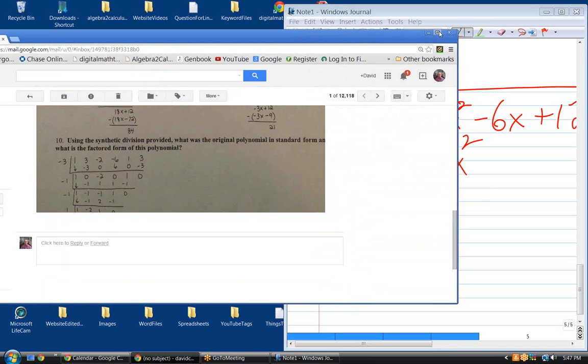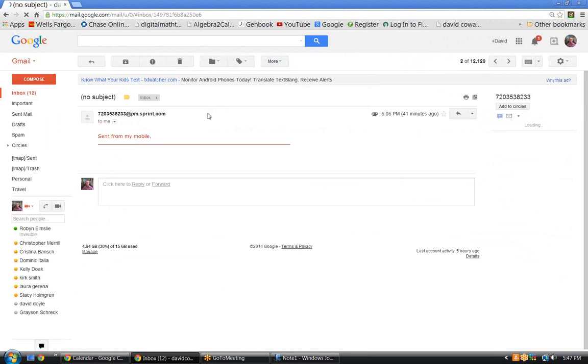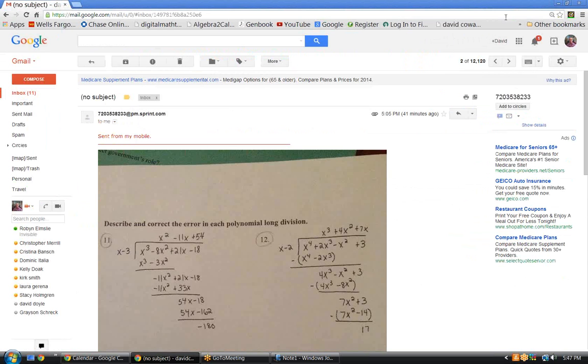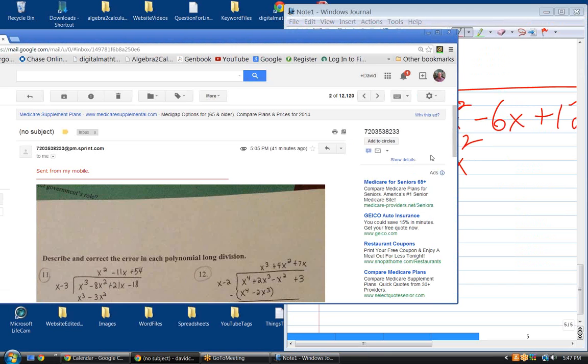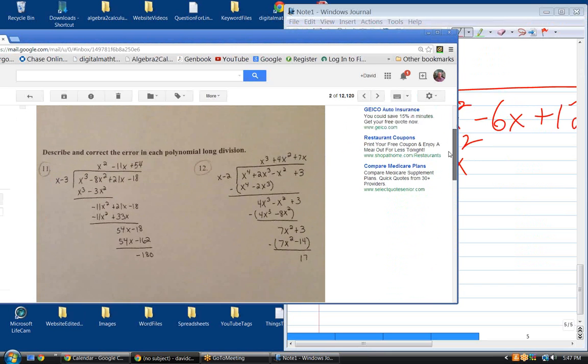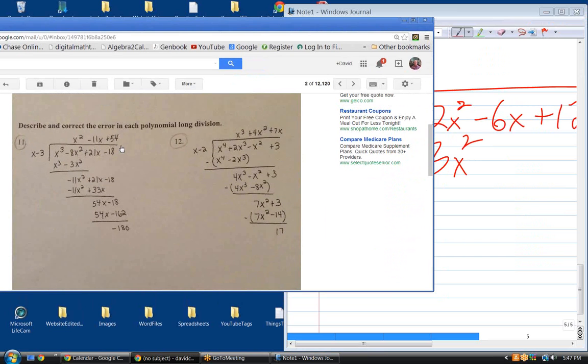Now, where is that? I don't really have that on this page. I sent you a different picture. Describe and correct the error.